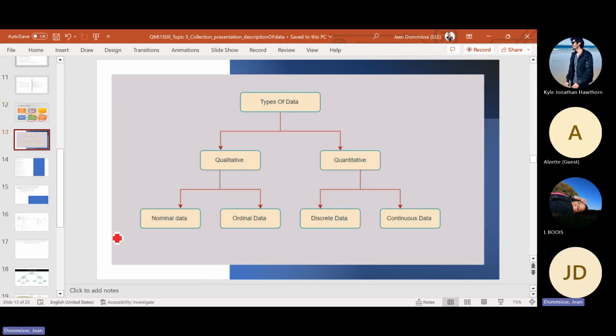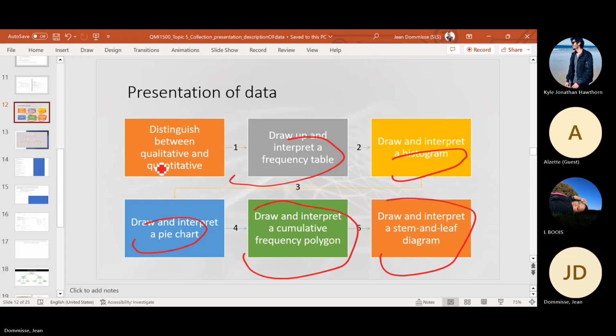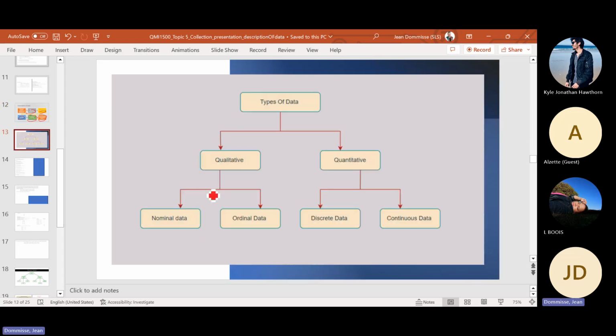The other thing that is important: when we looked at qualitative and quantitative, we can split it another level. Qualitative can be split into nominal data. Like I said, the color of your eyes, which province you live in, that is all nominal data.